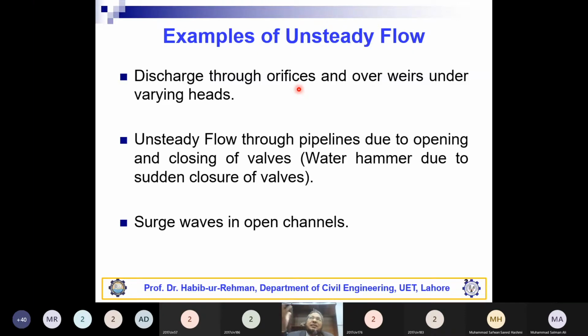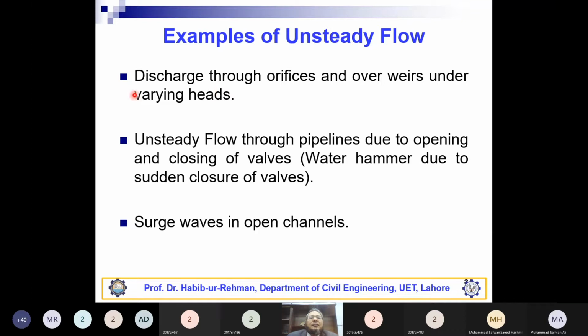Have you seen overhead tanks in housing societies? Yes. So as the water level comes down, the head reduces and that causes the unsteady flow. And it also makes it difficult to compute the emptying time because now the discharge is not constant.